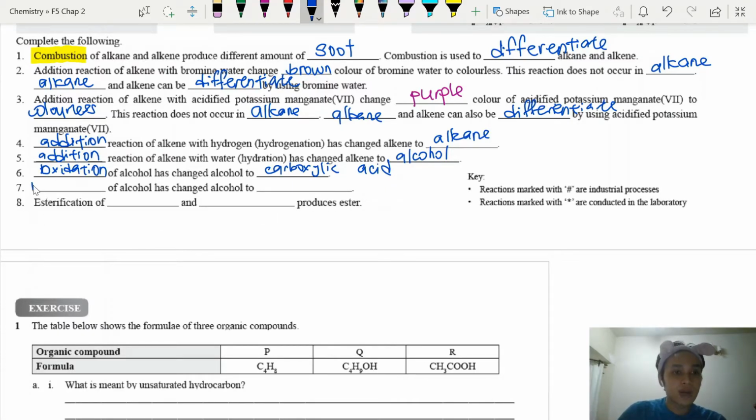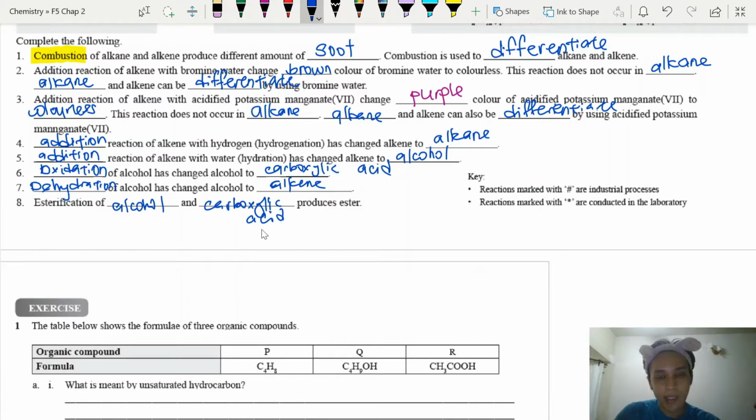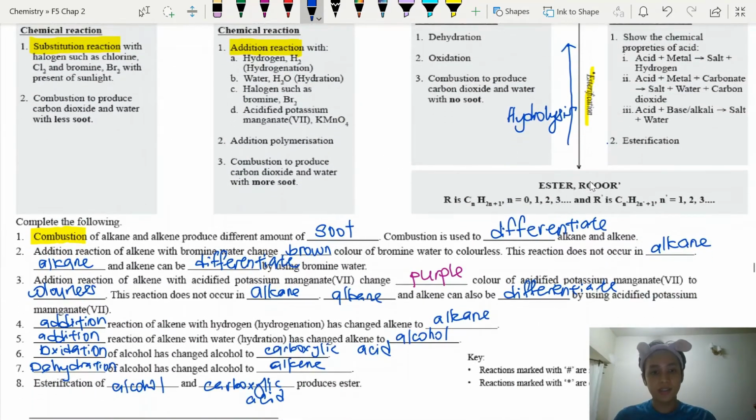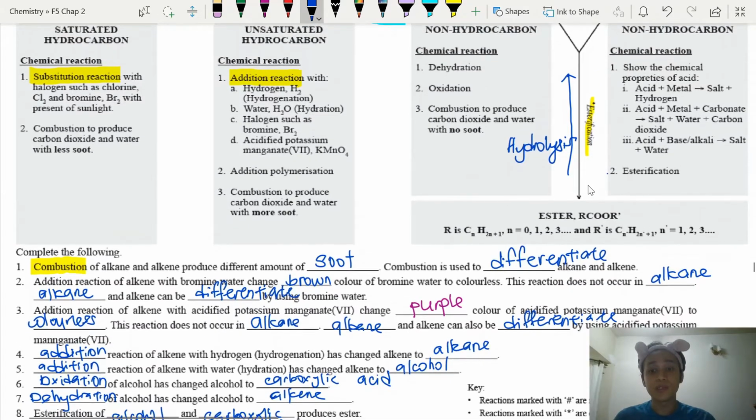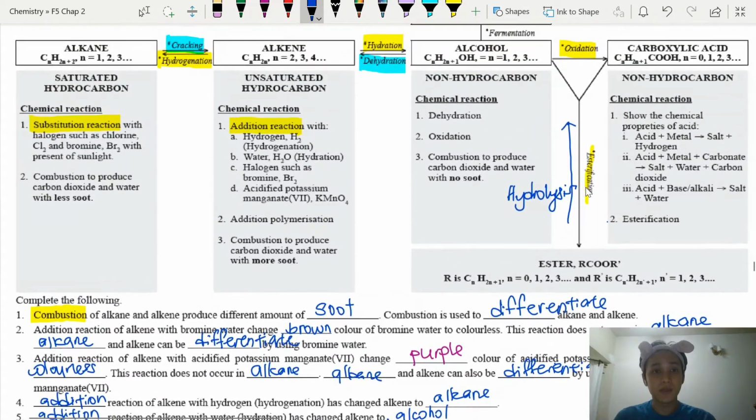And if I want to reverse, dehydration changes alcohol to alkene. So these are the important things. Then esterification is between alcohol and carboxylic acids. So this is a summary for the homologous series.